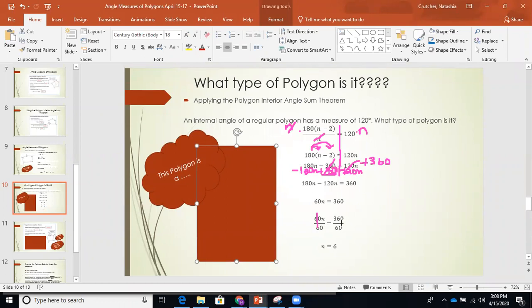That kind of lined us back up. So 360 divided by 60, which gives us n equals 6. Sorry about that. So n equals 6. Hopefully you could see that clearly. Sorry, got a little muddy there.